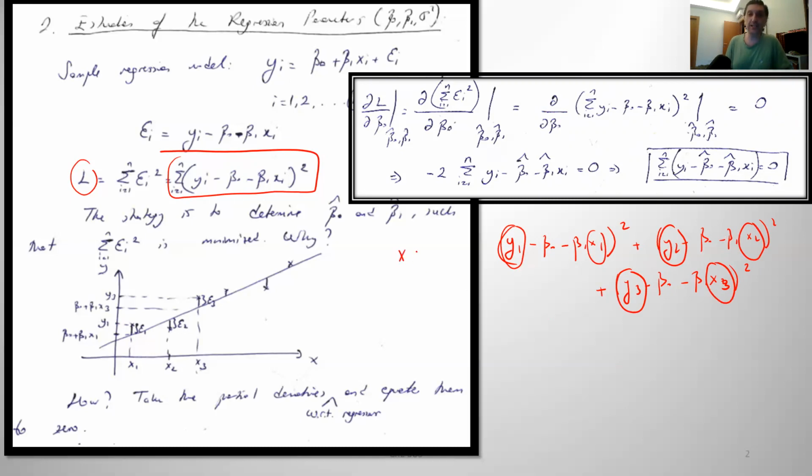We are going to conduct 3 experiments here. These 3 experiment results are going to be x and y values, and using those values, we obtain this L value. So what we need to find is to minimize this L. Here the parameters are beta 0 and beta 1.